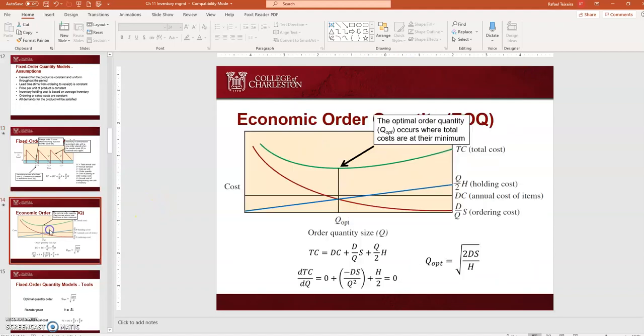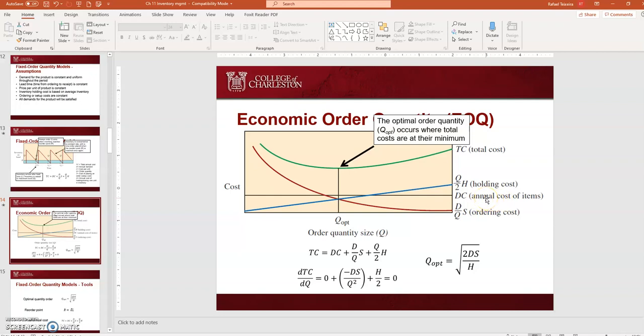What the fixed order quantity is doing is trying to balance different costs. We have the holding cost, which is the cost to hold an inventory. As we place orders and have inventory, we have the cost of holding this inventory. Also, we have the cost of the items, like the raw material or the products we're purchasing and keeping in inventory.